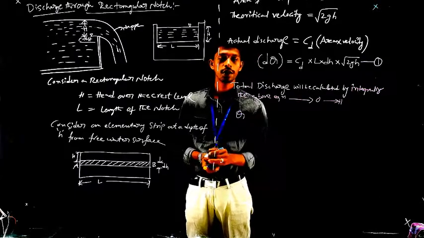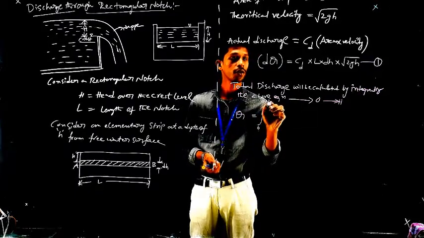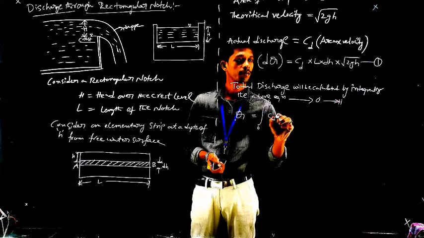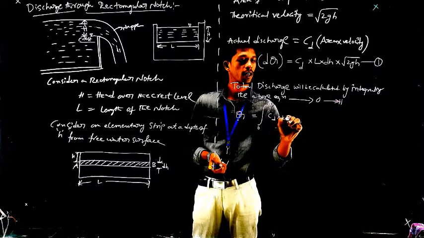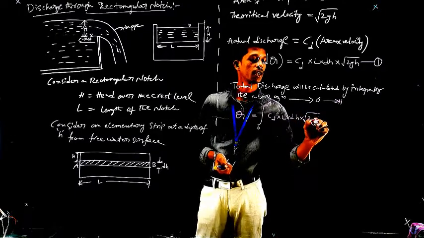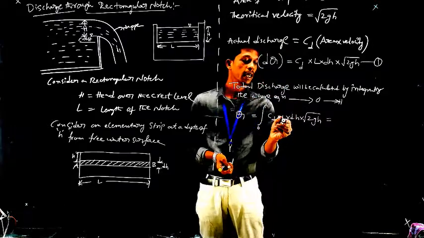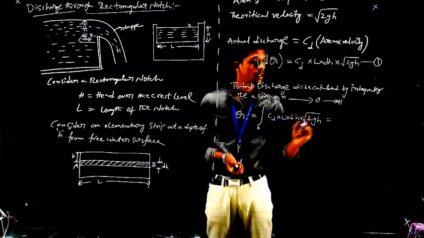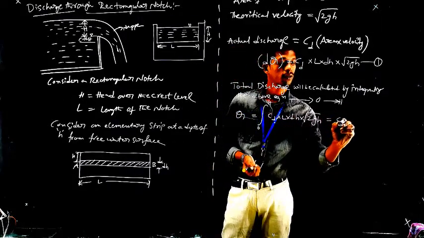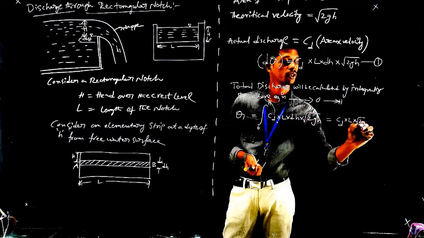So the total discharge will be the integral from 0 to H of CD multiplied by L multiplied by dh multiplied by root 2gh. In this, CD, L and root 2g are the constants, right? So write them outside: CD, L and root 2g.